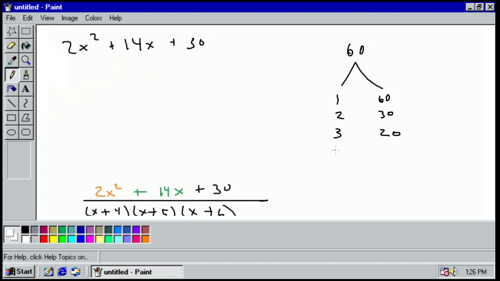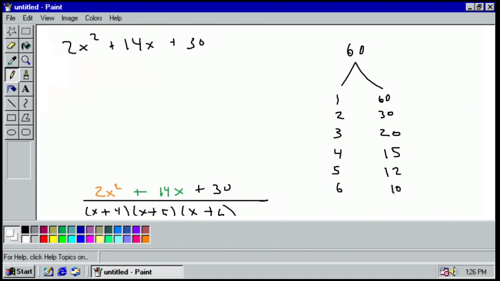We can also have 4 and, 60 divided by 4 will give us, I'm going to need a calculator for that. This video will not be so long. It's equal to 15. And 5, 60 divided by 5 gives us 12. 6 and 10.